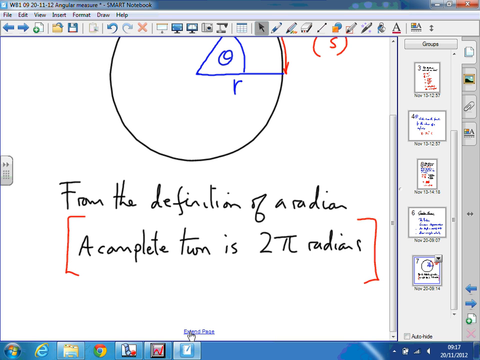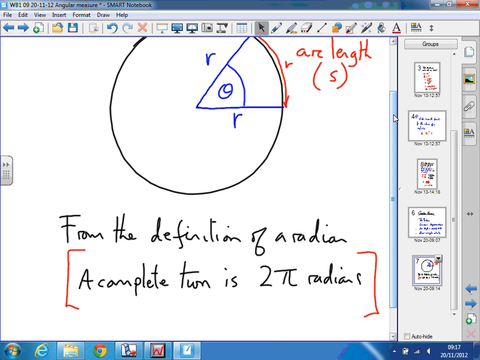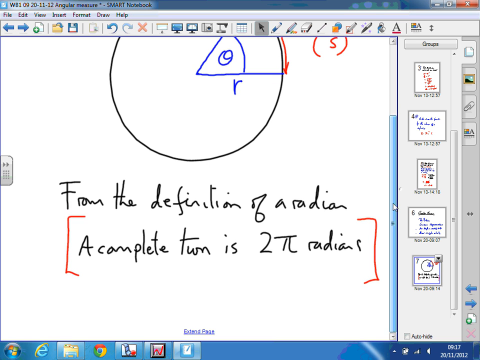Because the radian is associated with a fraction around the circle, a part of the circle, rather than some arbitrary 360th of a circle, which is a degree, it's actually in terms of a distance around the circle. Whenever we talk about circular measure and angular and linear velocity, we tend to stick to radians, not degrees.